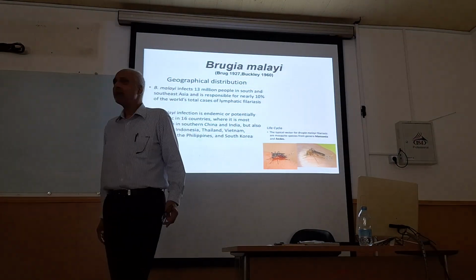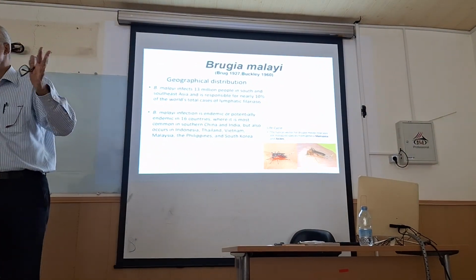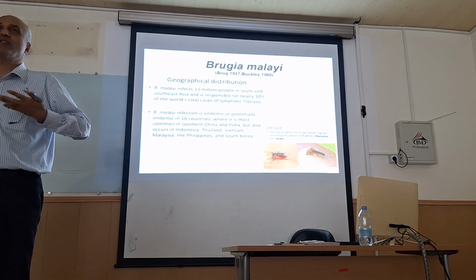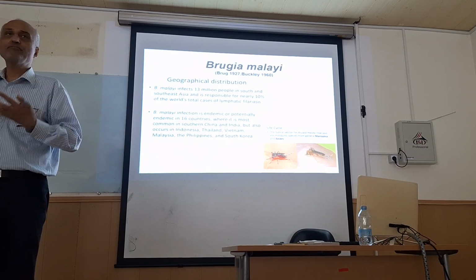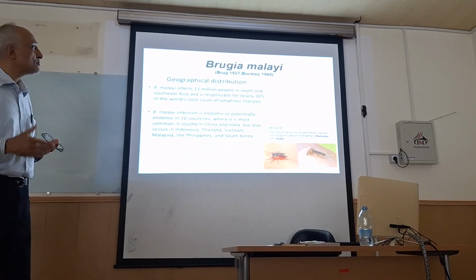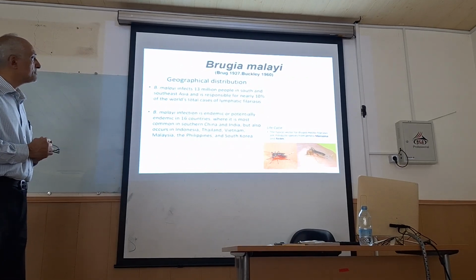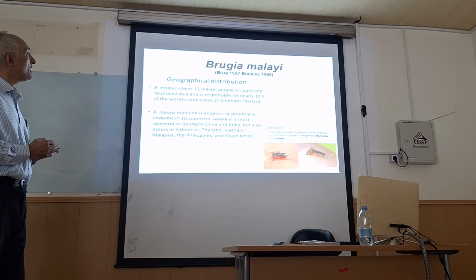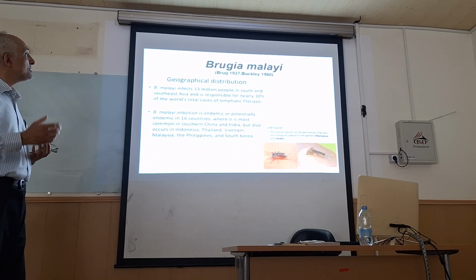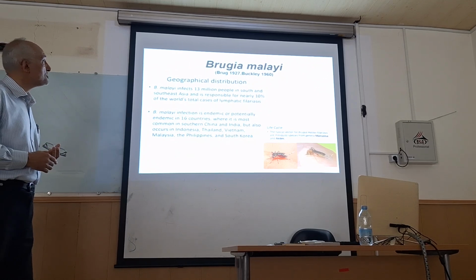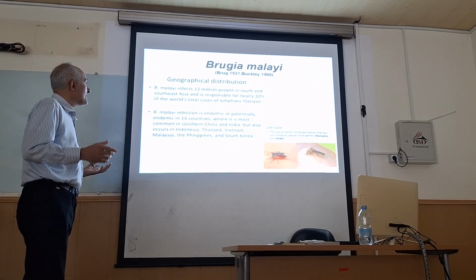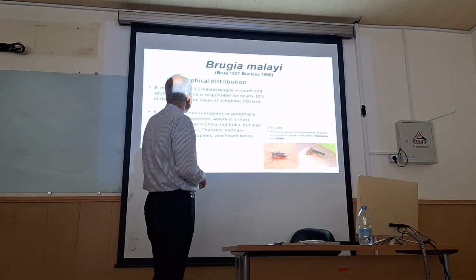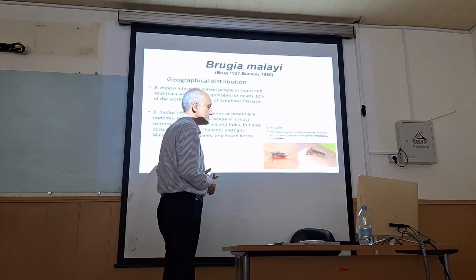For Brugia malayi, everything is the same, but elephantiasis happens in the upper part near the shoulder and breast. So this is the only difference here, and also the geographical distribution of Brugia malayi, 13 million people in South and Southeast Asia, and the infection is endemic or potentially endemic in 16 countries.